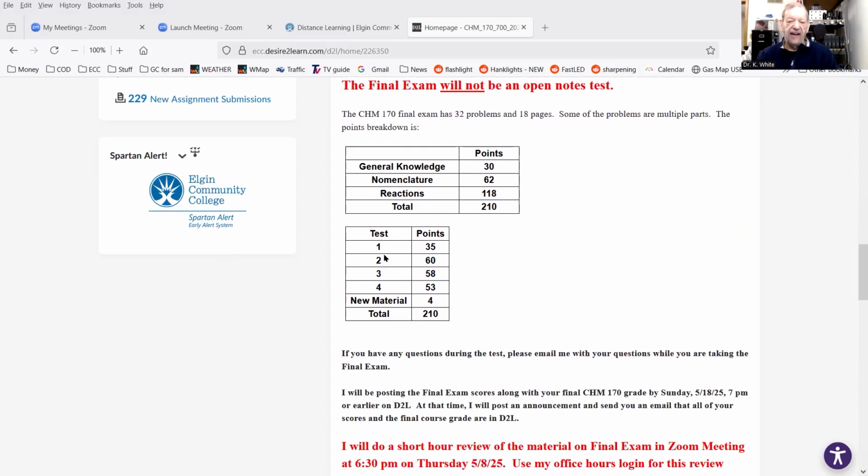The final has 32 problems, 18 pages. Let me get this out of the way. Some of the problems have multiple parts. The point breakdown is general knowledge, 30 points, nomenclature, 62, 118 for reactions, and it adds up to 210.